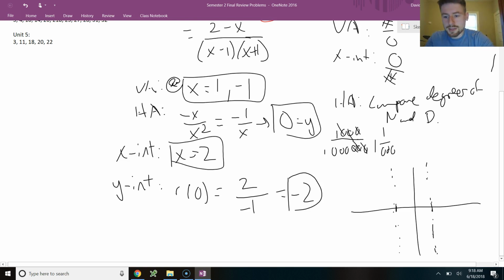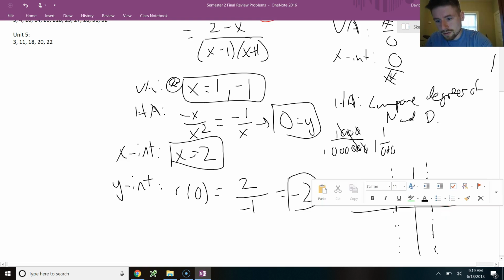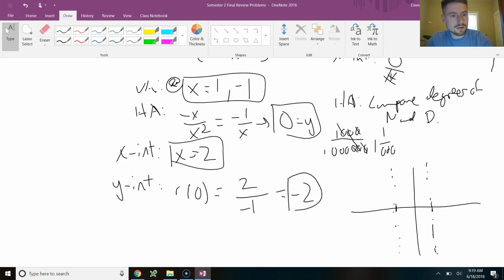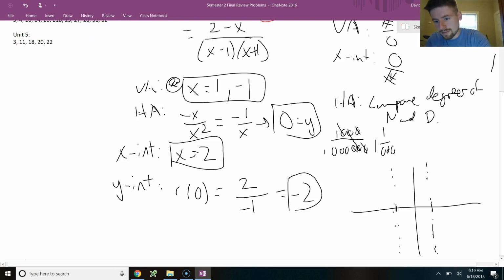Our x-intercept is at 2, so at x equals 2, I'm going to draw in blue.